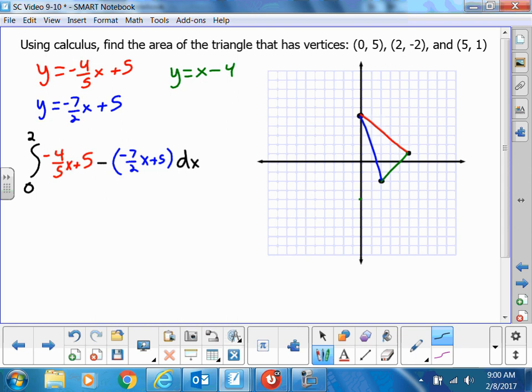Okay, so that's our one part. Plus, and I'm going to go to the line below, just because I don't have the room. We'll go from 2 to 5. And we'll now have our red function minus our green function.